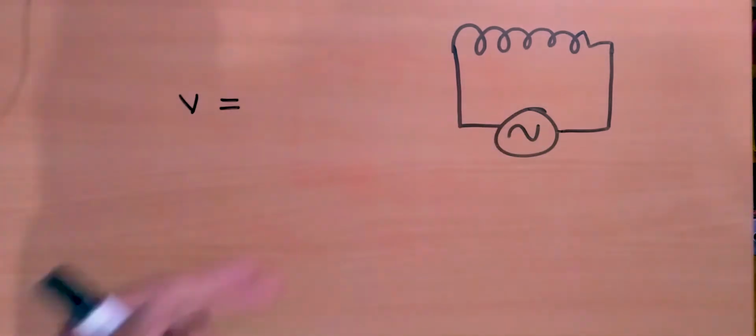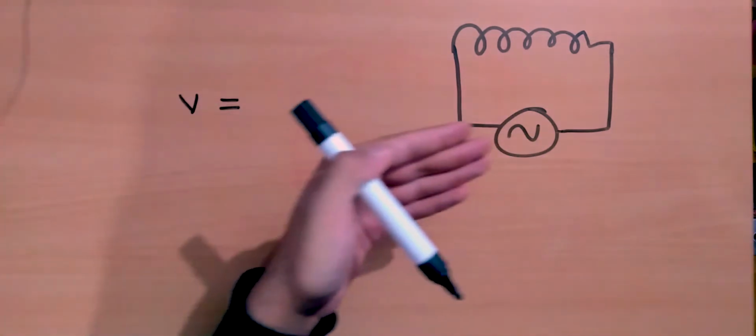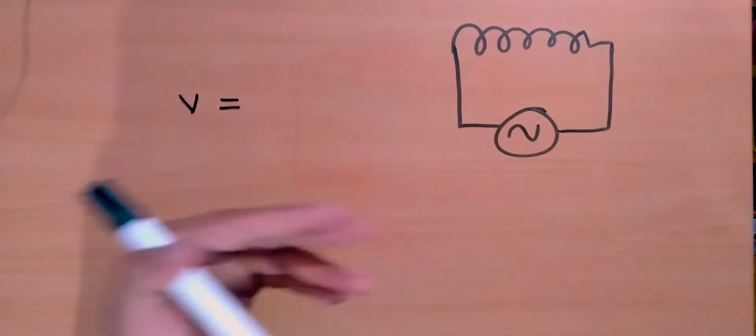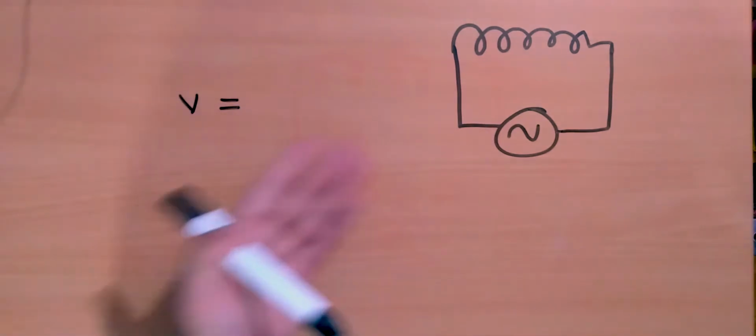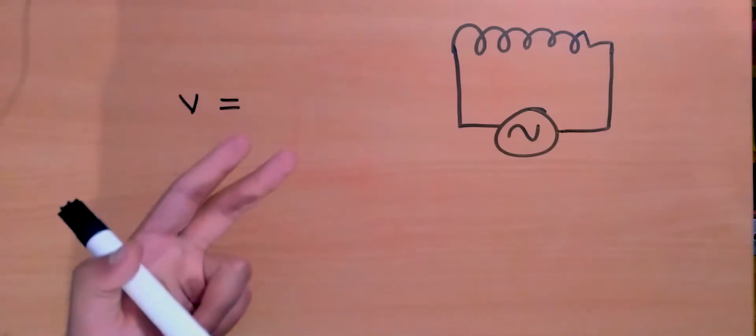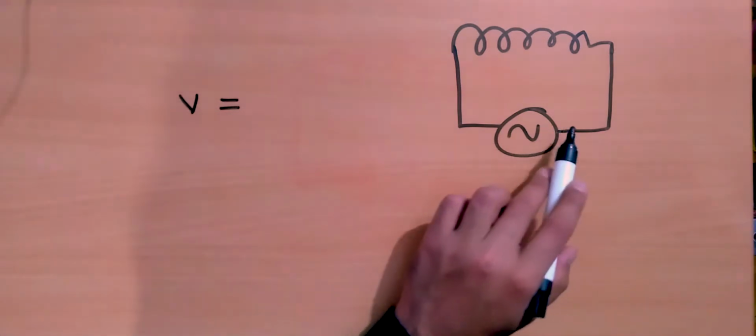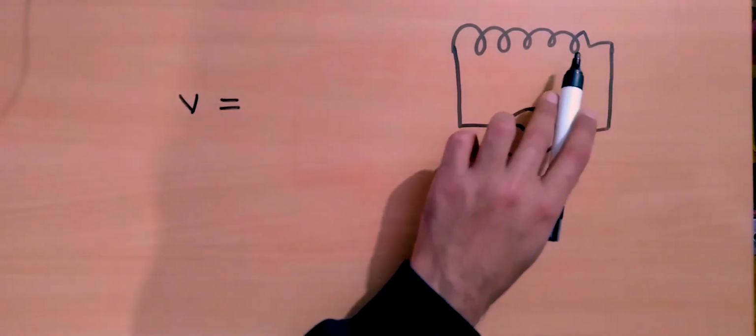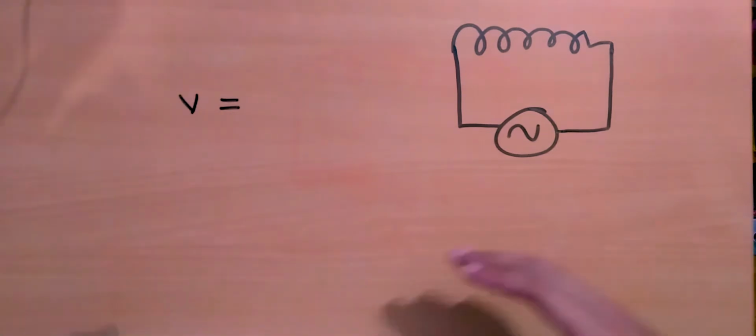This is a purely inductive circuit. There is no resistance, so we cannot use Ohm's law to find the potential drop across these wires because they have no resistance. So there is no drop across these wires. So where does all that energy go?